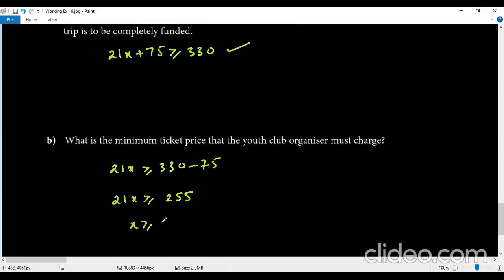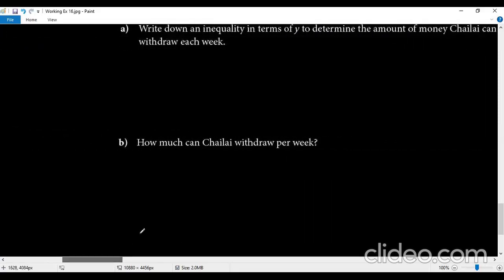So 255 divided by 21 is going to give us around 12.14. So 12.75 is going to be your final answer, which is the price of the ticket.